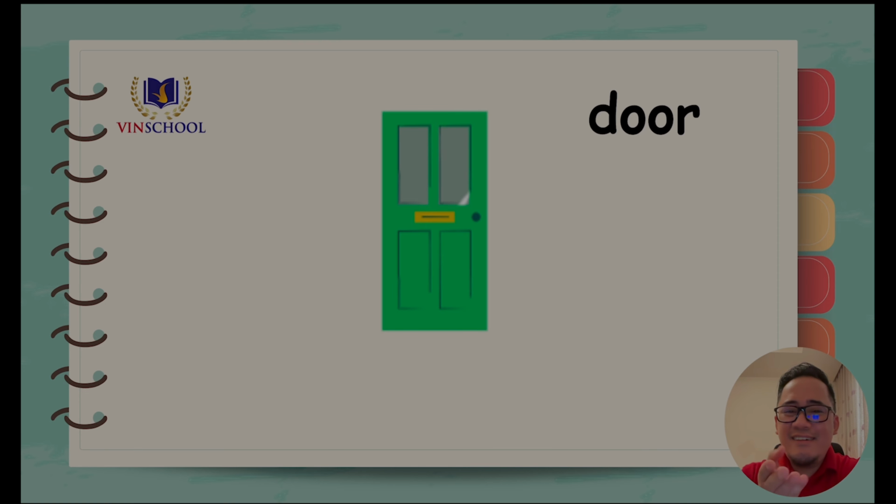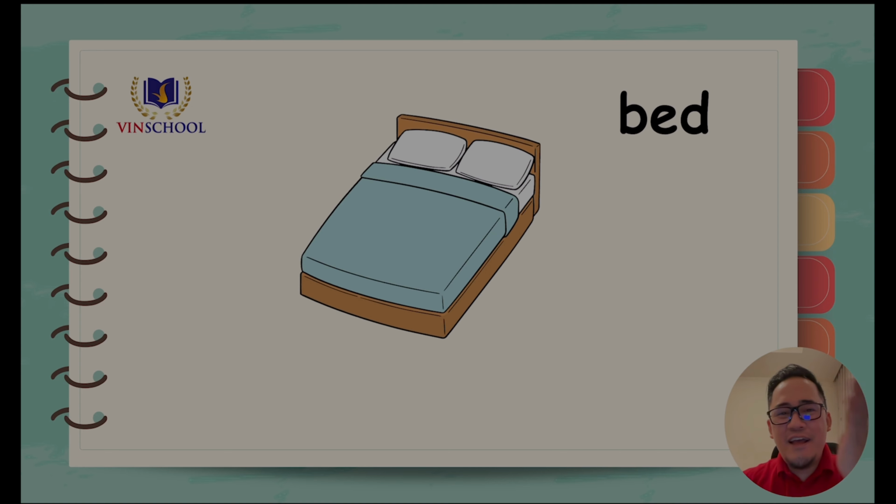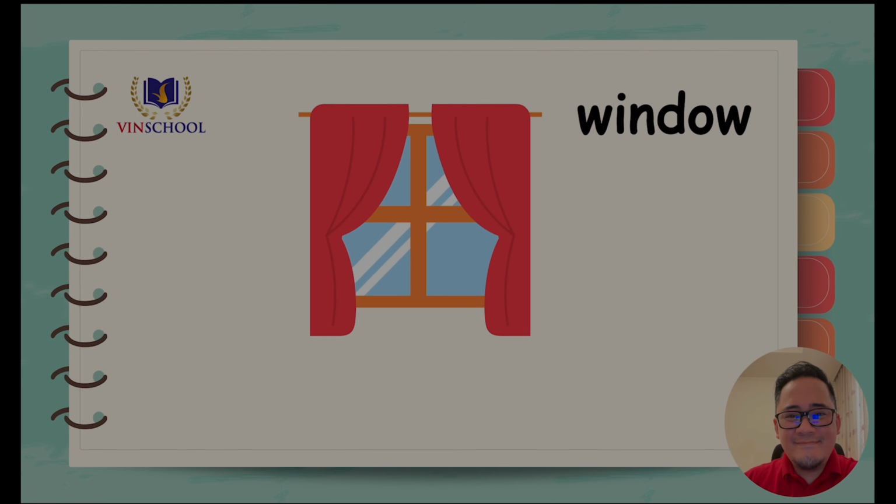Door. This is a door. What is this? Bed. This is a bed. What is this? Window. This is a window.